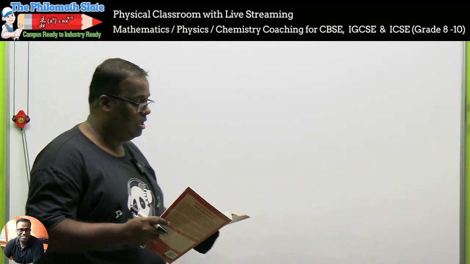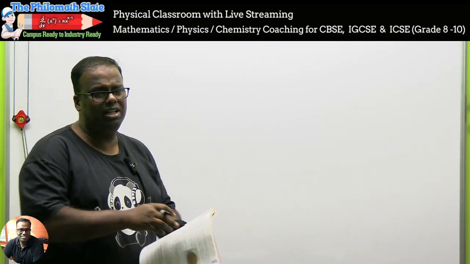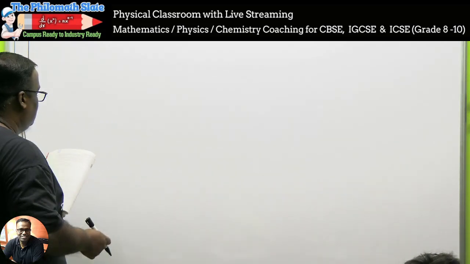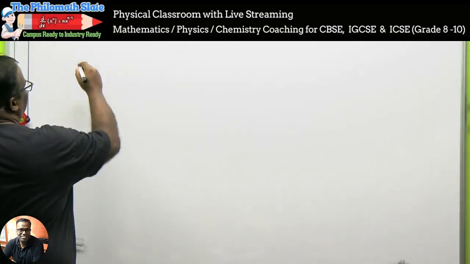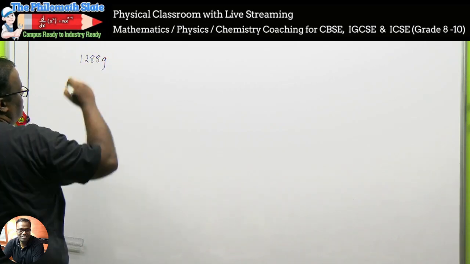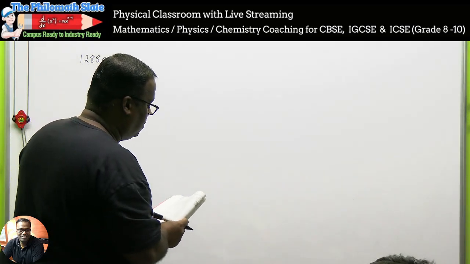Time for us to do some CBSE problems. Are you ready? Okay, let's take an example. It says in an experiment, and this law is always experimentally found. So in an experiment, 1.288. They will tease you in numbers, huh? 1.288 grams of copper oxide.